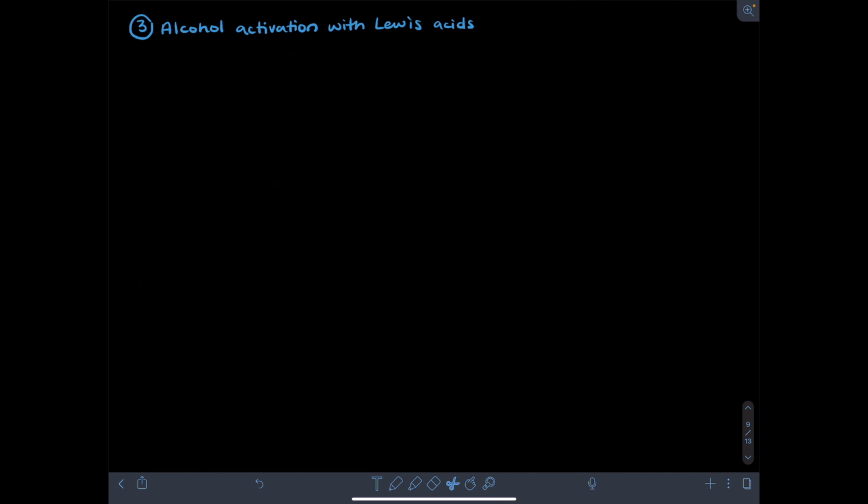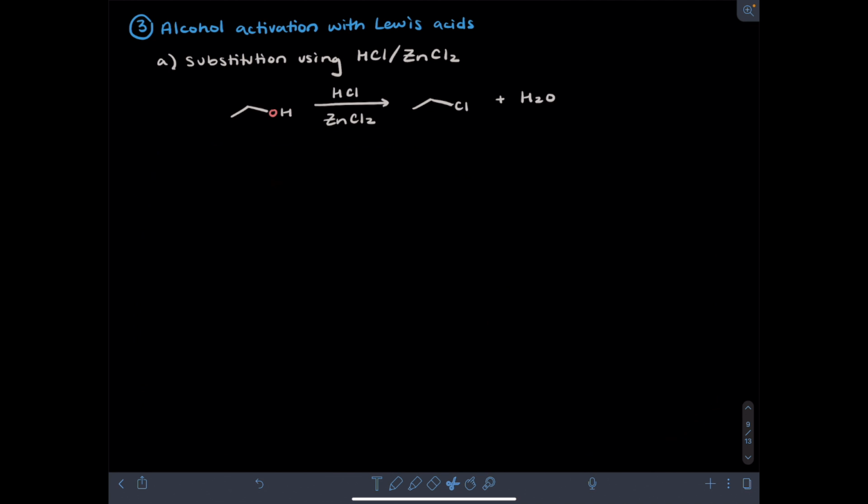A similar type of strategy for activating alcohols to give them a better leaving group is using Lewis acids to coordinate to the oxygen of the alcohol, making it a better leaving group. One method that falls under this category is a substitution reaction involving an alcohol, but instead of HBr, using HCl.